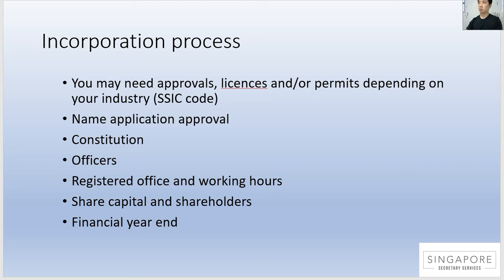For example, if you want to open a real estate agency, the moment we, as a filing agent, key in the SSIC code, which is the industry code, into the incorporation process, the registrar will highlight that this application needs to be approved by the relevant body, which in this case is the Ministry of National Development, MND, which will need to approve that you can register as an estate agent.